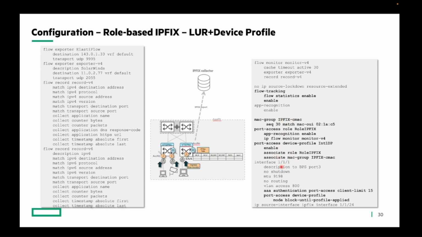At the interface where the client is, I'm authenticating and I'm saying port access device profile mode block until profile applied. So it gets applied with this particular port access role. So whichever way you are defining the role, you ensure that the IP flow monitor command is there.